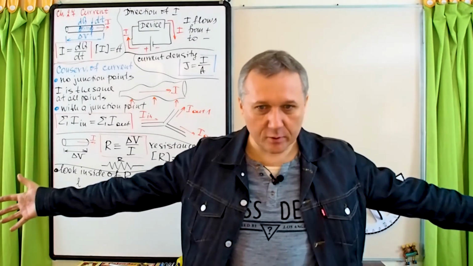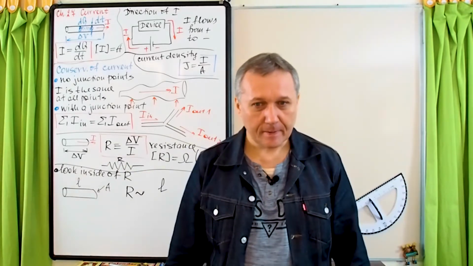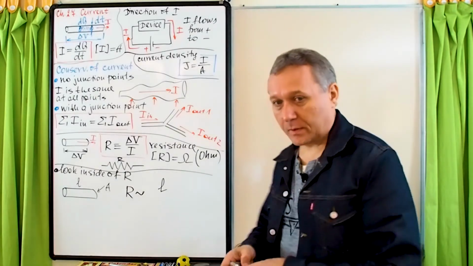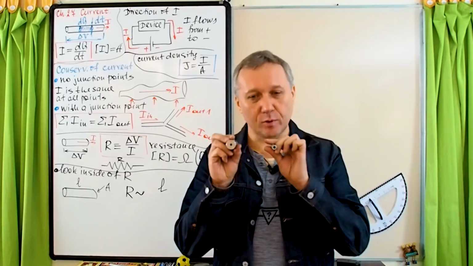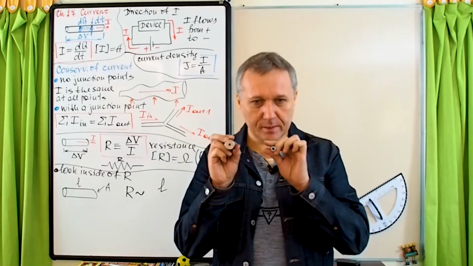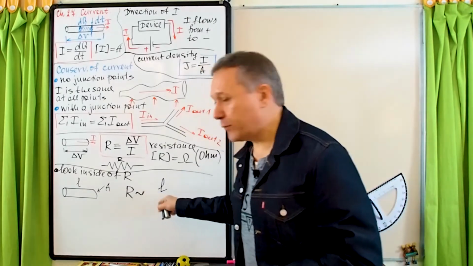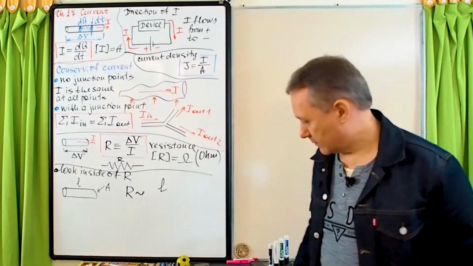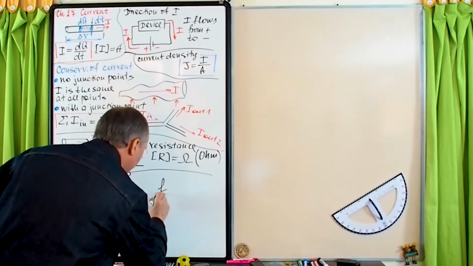But overall resistance will be much smaller because the cross-sectional area is larger. And the same with these conductors. So the larger the cross-sectional area, the smaller the resistance is. So it means that if I want to put the cross-sectional area into my formula, it must be in the denominator, downstairs.